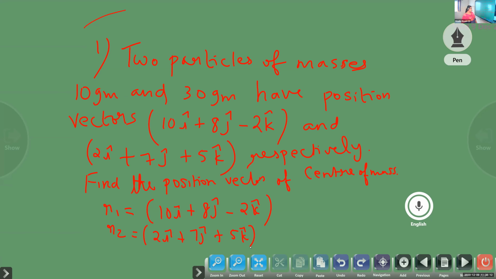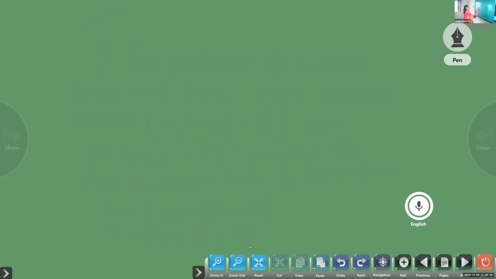Write all of you fast so that I will change the slide. Can I shift this slide? Now what is the next step? Substitute in the equation. So you can write position vector of center of mass.